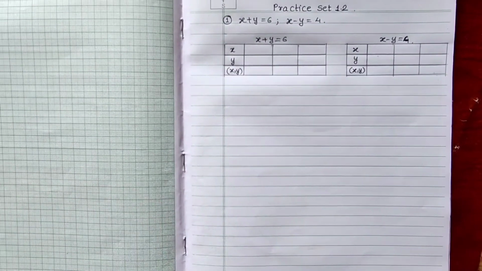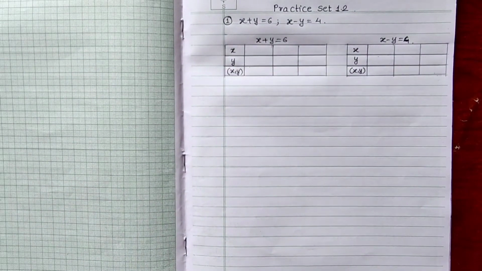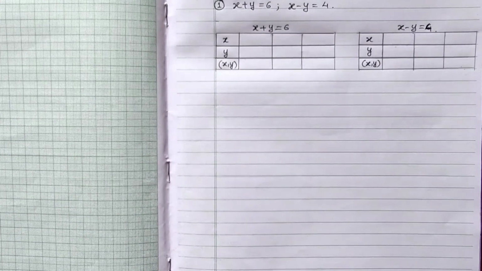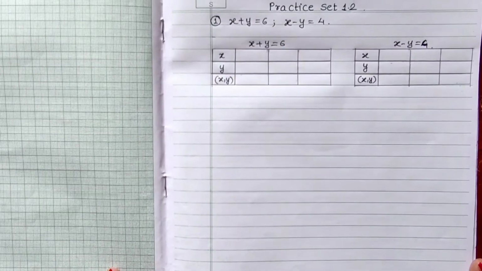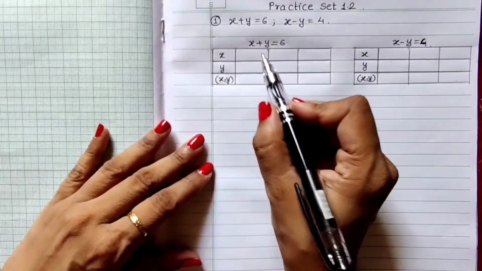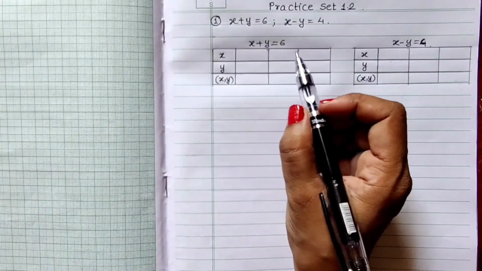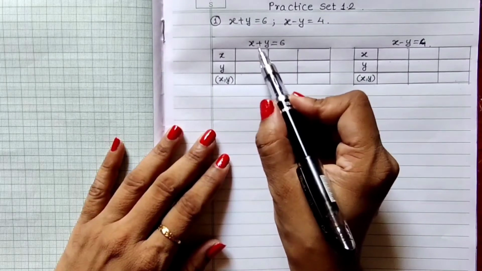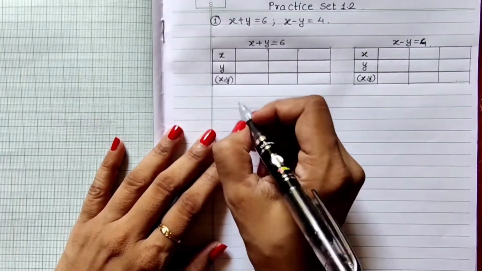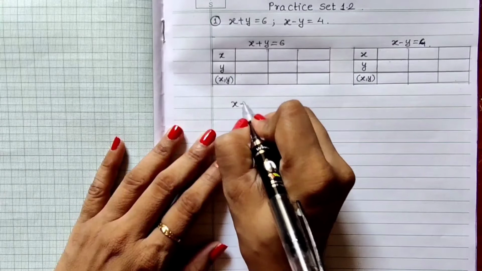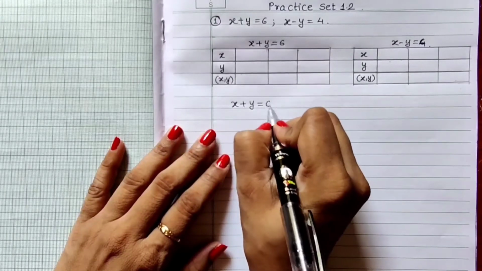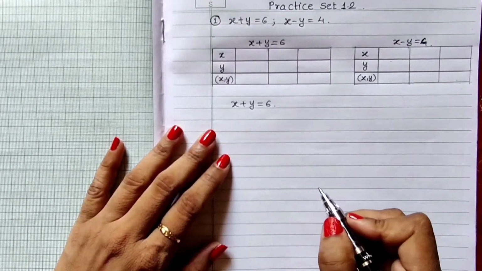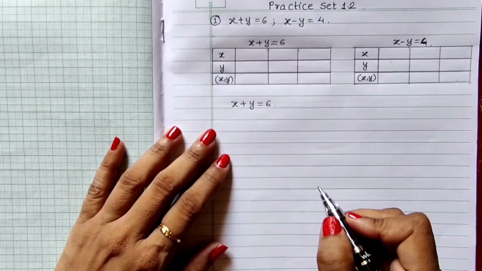Okay, I hope it is visible to all of you. Now let us see, this is the first equation, x plus y is equal to 6. For this particular equation, or for any equation, we can take the value of x on our own, and we will find the value of y by substituting the value of x in the equation.